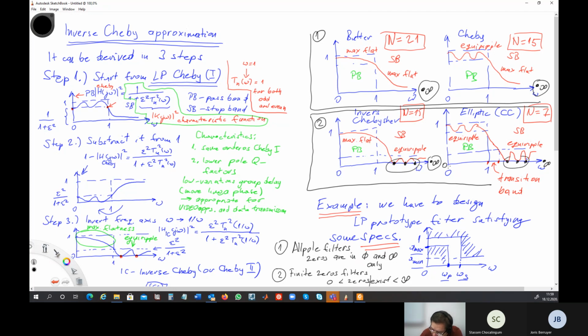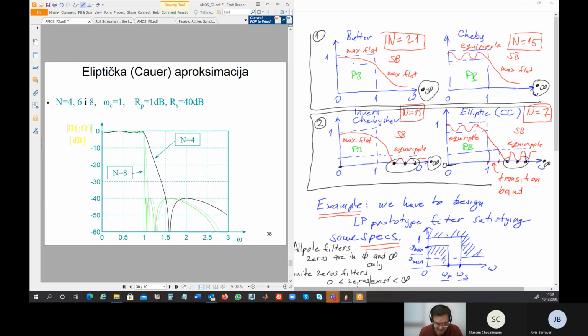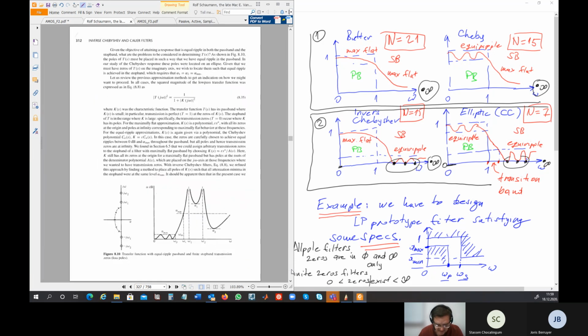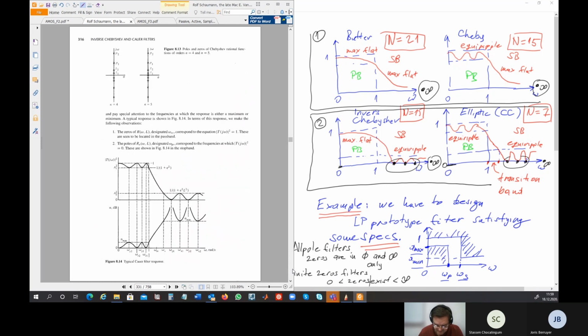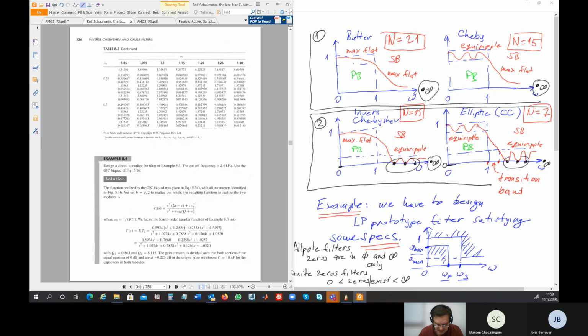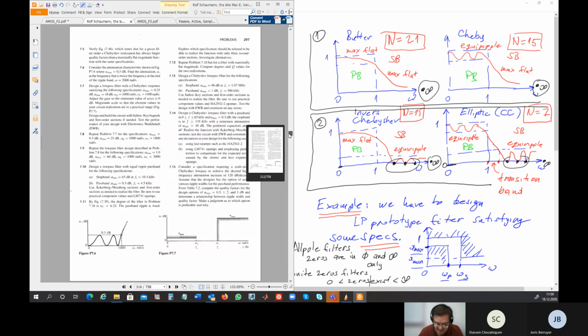So this is the basic difference why we learn separately in these two chapters. So this is chapter 8. You see everything about, just a moment, let me see.